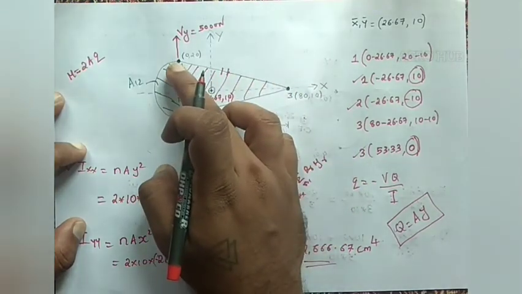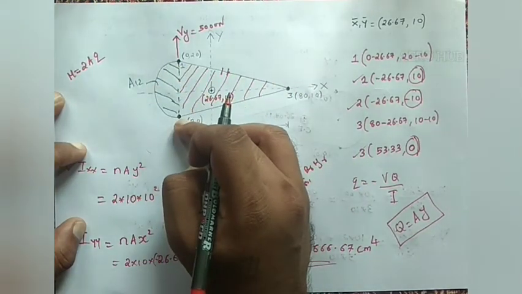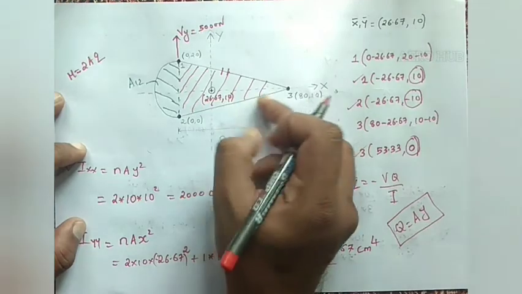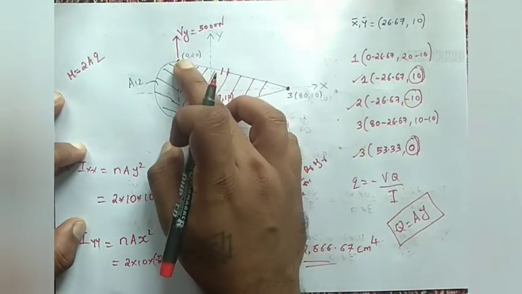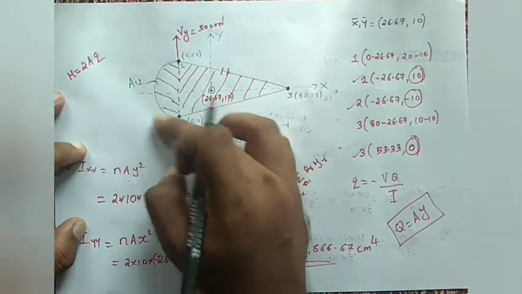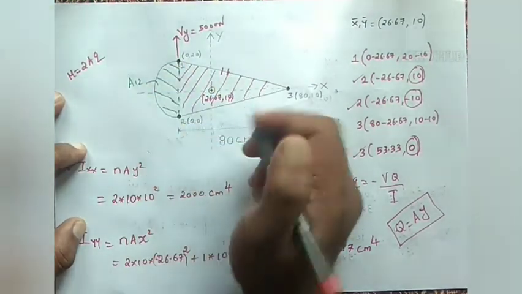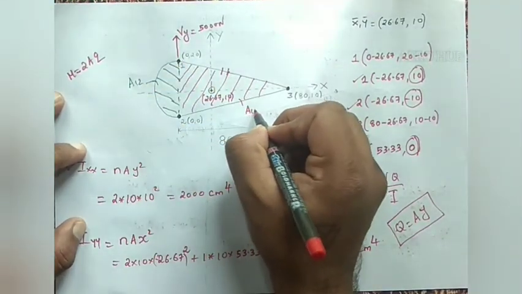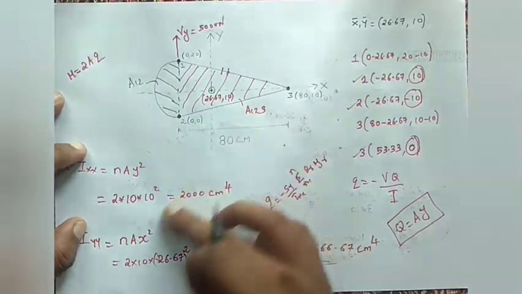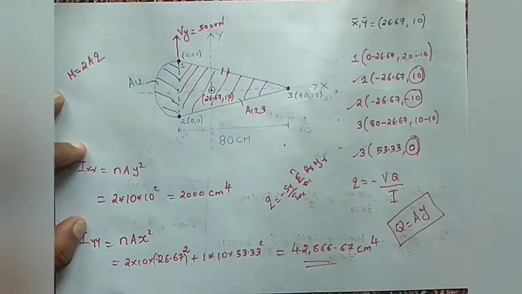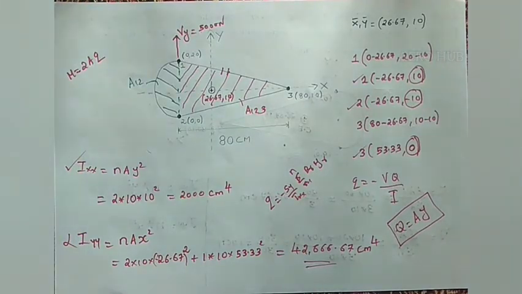A12 is the area enclosed by points 1 and 2. We are taking the moment for this particular section, so for this you have to consider 1 and 2. So A12 will be the area of the semicircle, and A123 will be the area of this triangle. Now I will calculate the areas.